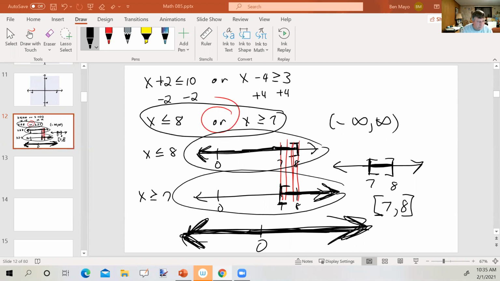Number 12. I'm looking at this because the student has it correct, but maybe they figured out. Anyway, we'll take a look at it.